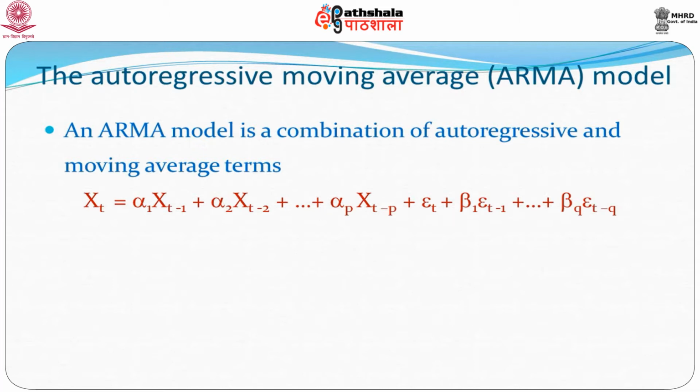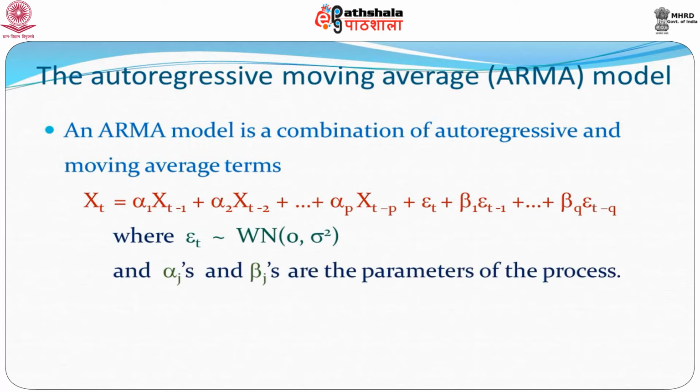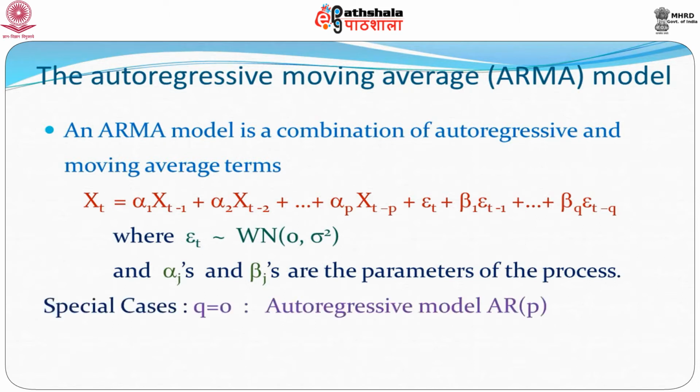So, x_t is explained both by its own past values as well as the past and the present values of the innovations. As before, the epsilon_t's are white noise with mean 0 and variance sigma squared, and we have two special cases here. The first of the special cases is that q is equal to 0.